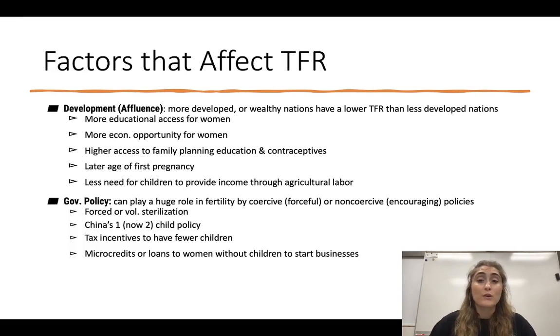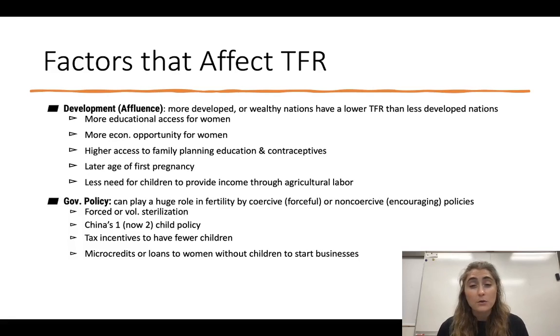Later ages of first pregnancy, so you're having children much later in life, which means you have a smaller window to have children in, which means you can have less children within that window. And then additionally, you probably don't need to have children to provide income for labor. So you don't need more labor within your family to provide income to support the rest of your family. That's another reason why people might have more children.